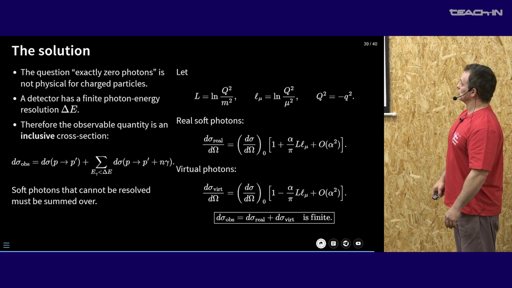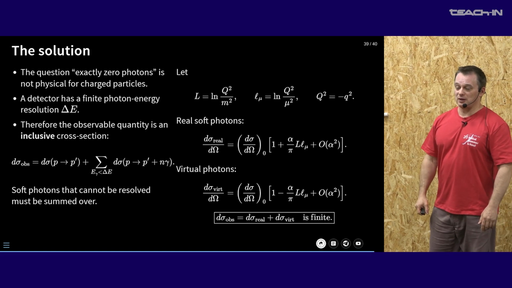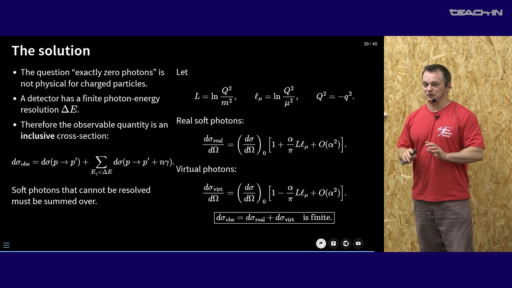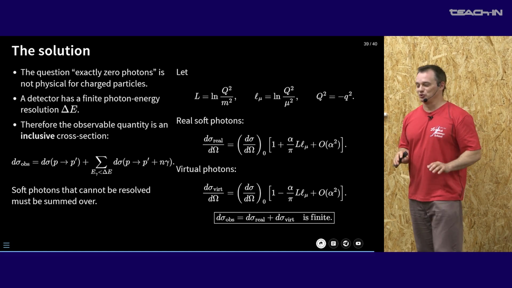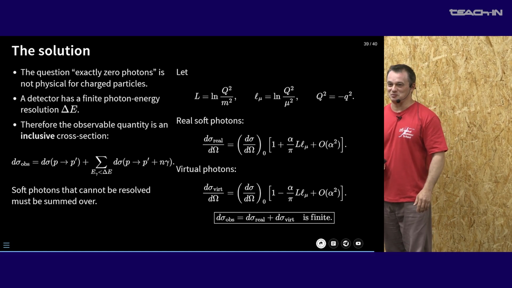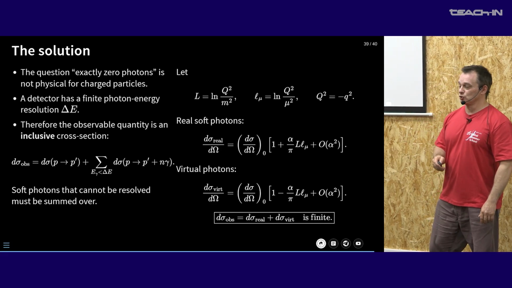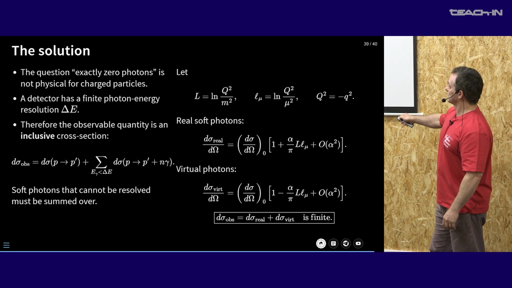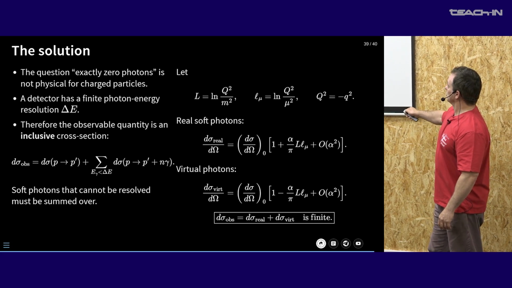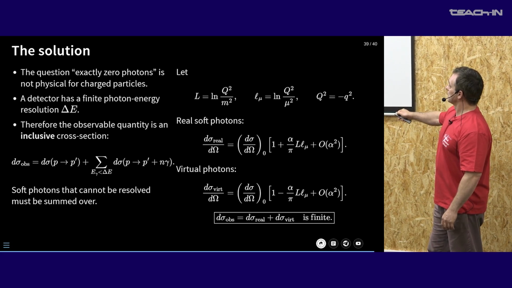And when you do the calculation, and this calculation is very difficult, I should not say that this is something easy. This is many pages of very advanced QFT calculation. But when you do it, you end up with this answer here.